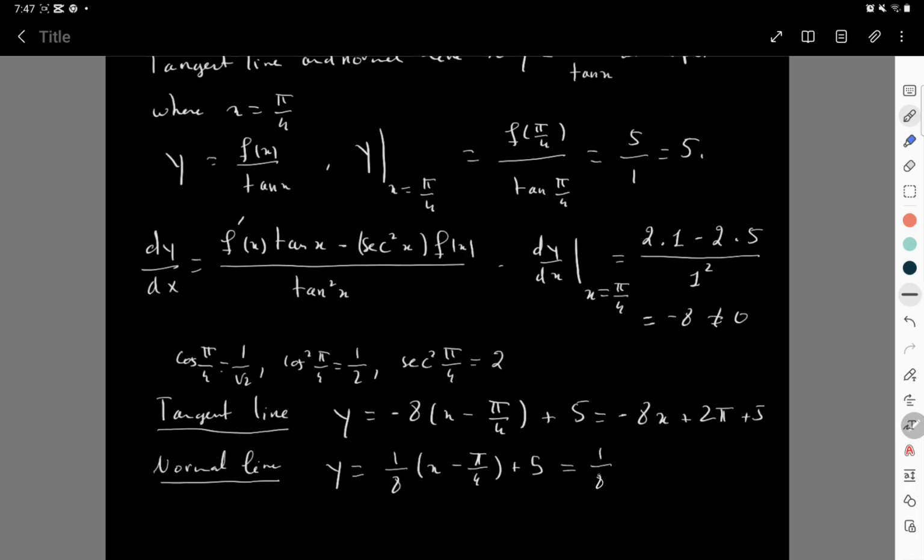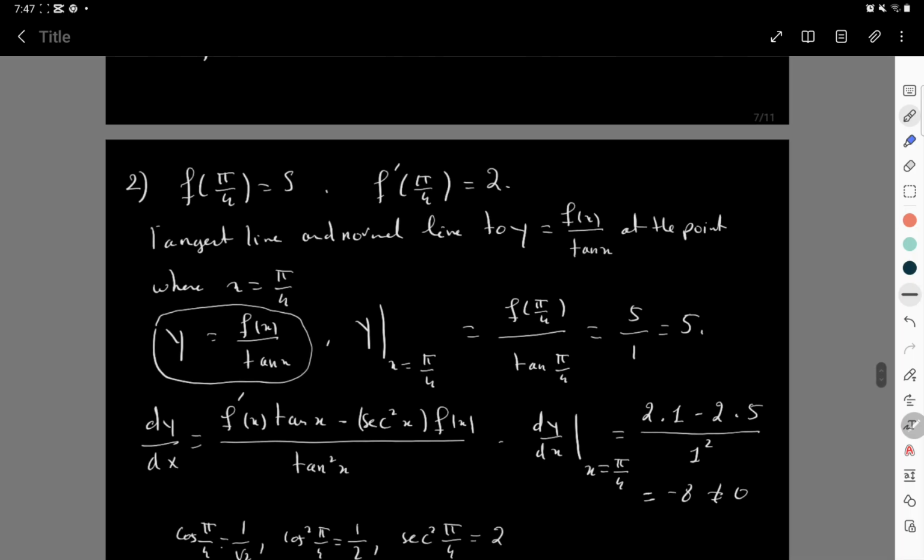This is just 1 over 8 x minus pi over 32 plus 5. Okay, so here I'm not looking really at y equal to f of x, but I'm looking at y is equal to f of x over tan x. Okay.